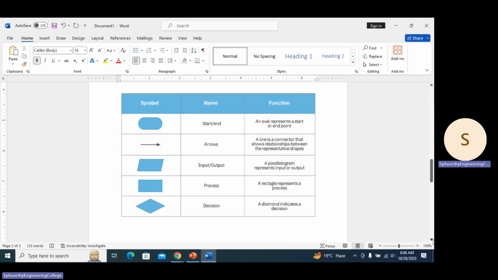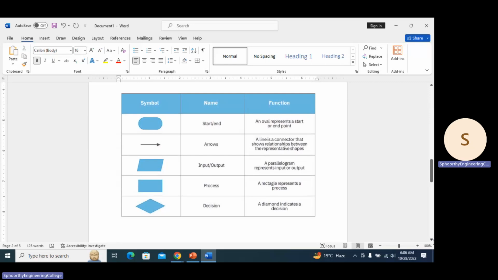If you observe the symbols used, these are the basic symbols. These are more than enough. These are the basic symbols used in a flowchart. The first one is the oval symbol. Oval represents start as well as end. In the algorithm which we have written previously, we used one statement called start.